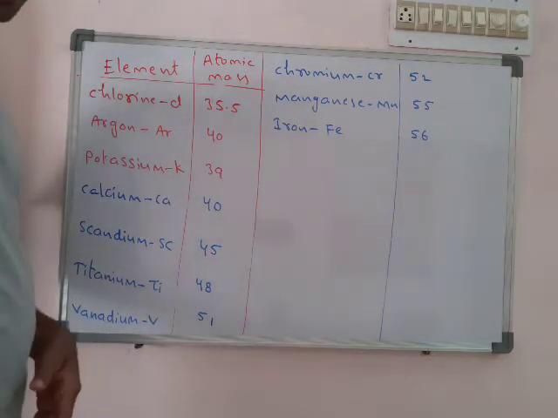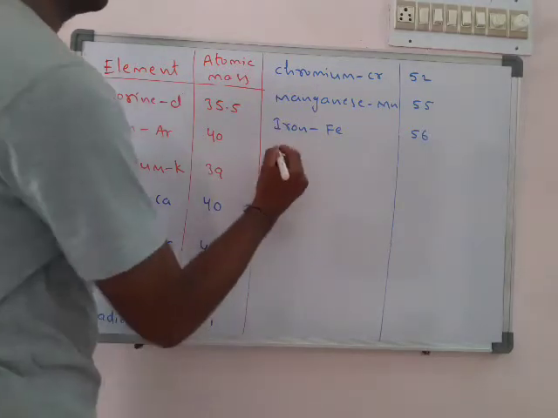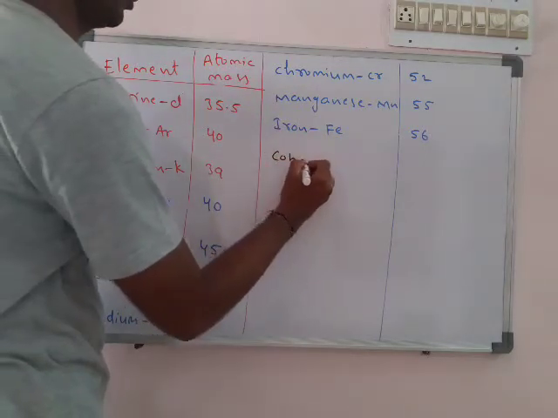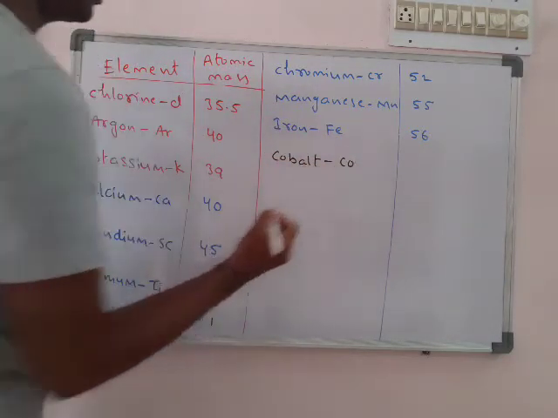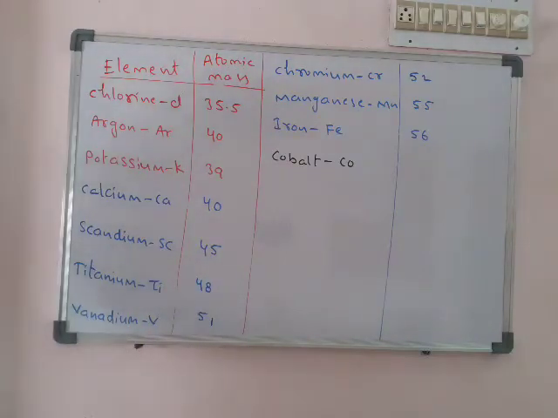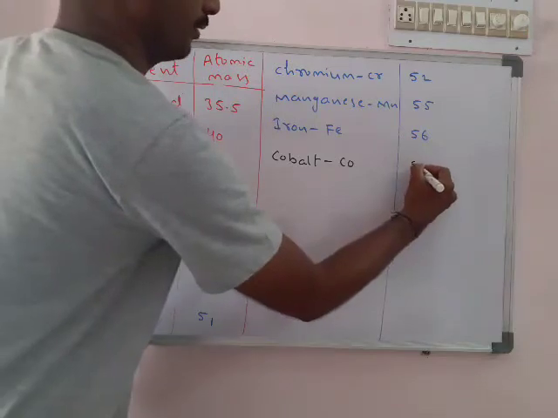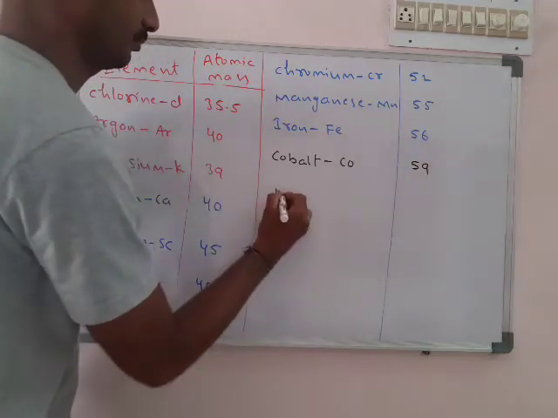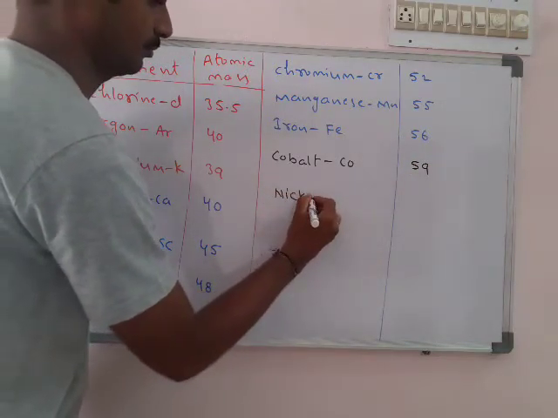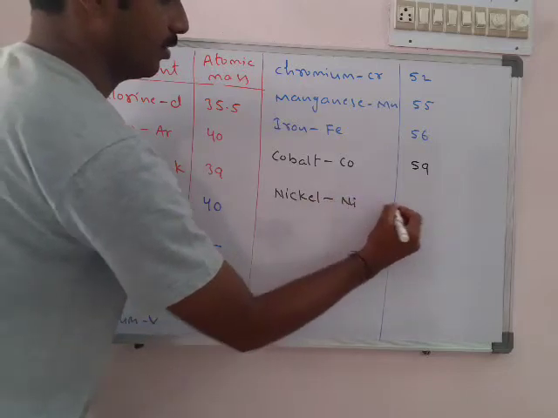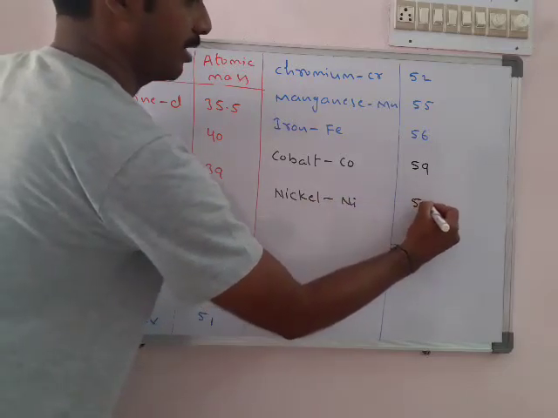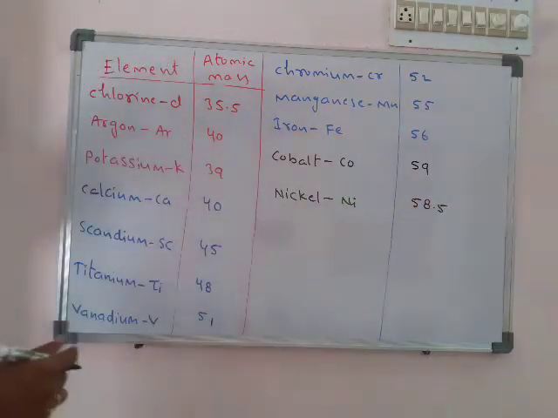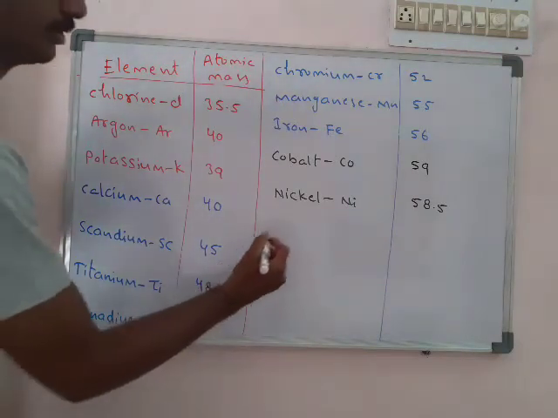So next, okay, cobalt, Co. Here C should be in capital and o in small letters. Nickel. Okay. It is 58.5. Here also decreasing order. Okay.